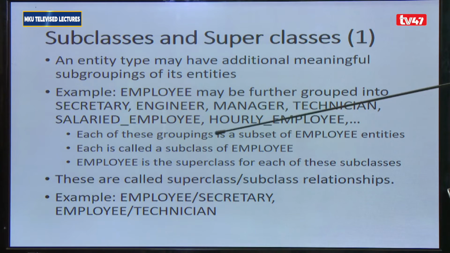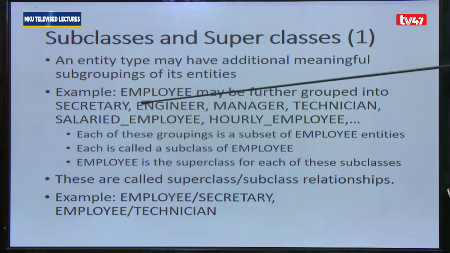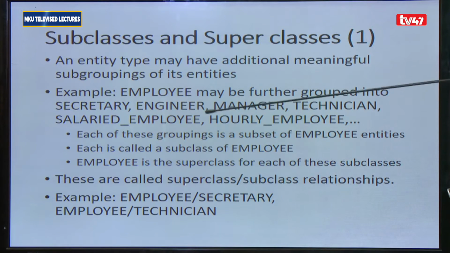So each of these groupings is a subset of employee entities, going back to our example. Each is called a subclass of employee. So what are the subclasses here? The subclasses of employee are secretary, a type of employee; engineer, a type of employee; manager, a type of employee.